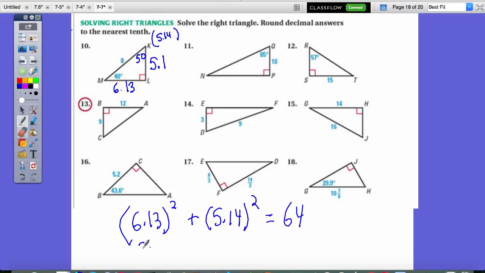I'm going to be as exact as I can here. 5.14, so 26.4196 plus 37.576 equals 63.9956.